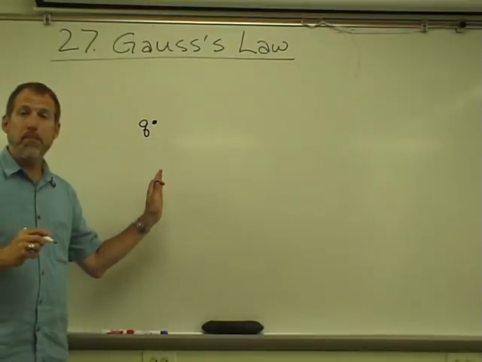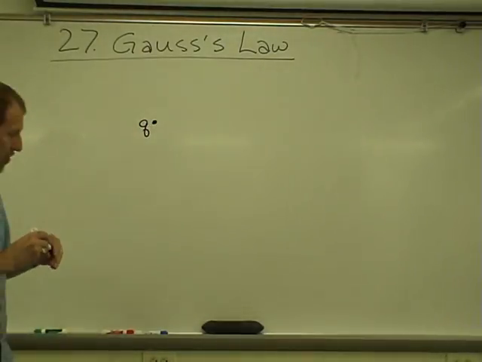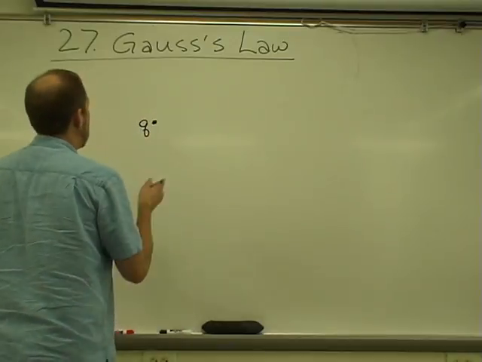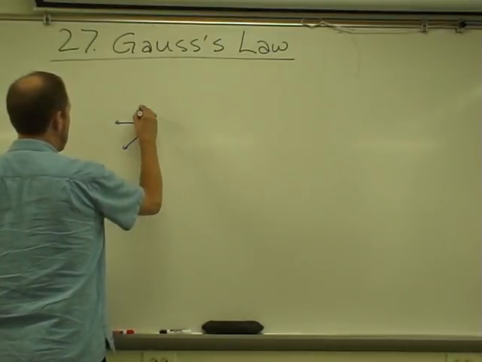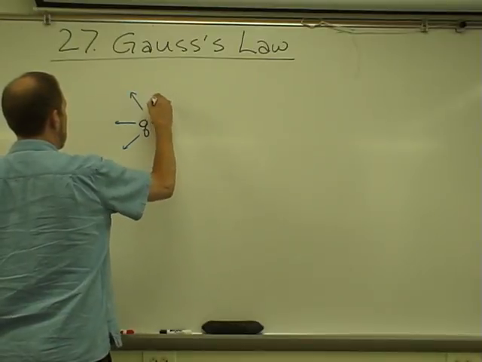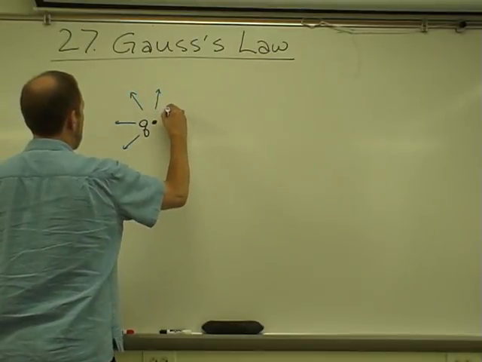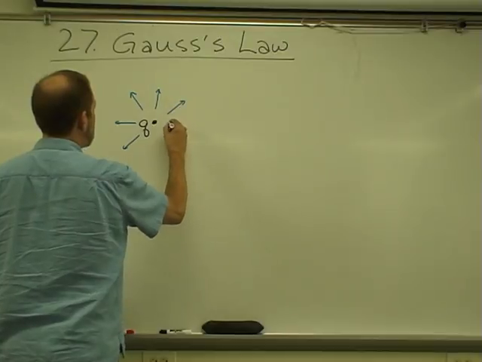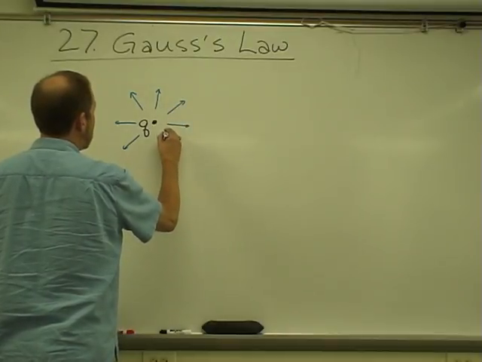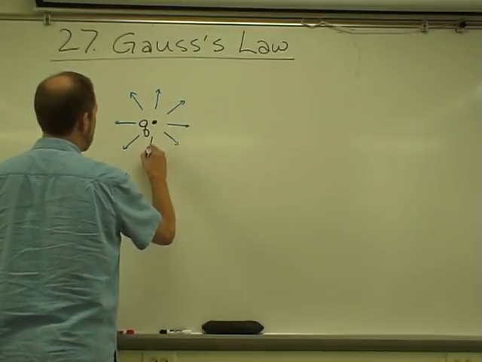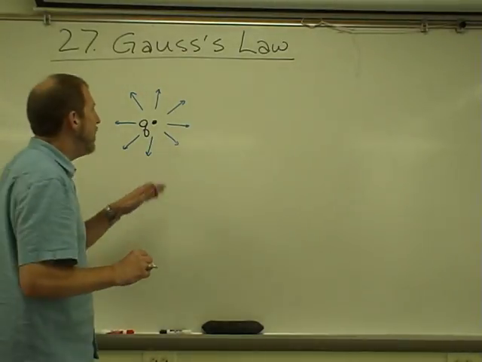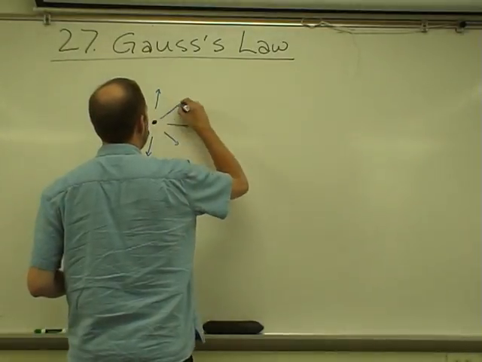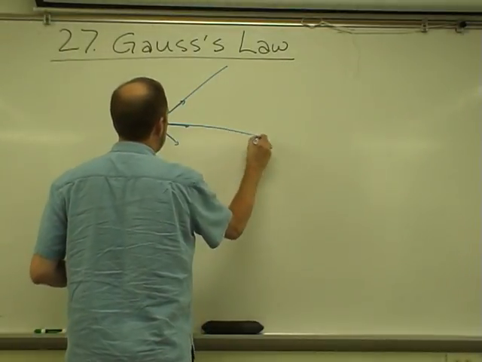electric charge. For this point, I'm going to start off with our most simple version, the electric field of a single point charge. Now, let me draw the field lines going out.